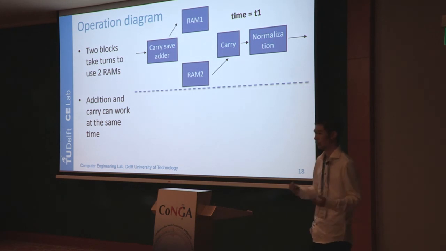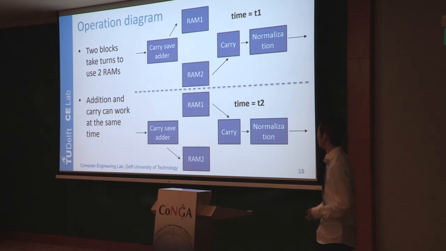After all the addition is done, there will be a shift of the state, and the carry-safe adder will add numbers to the second quire register. At the same time, the carry block will do the carry for the first quire register. This kind of double buffering structure makes sure our design can always process the input data, making it more efficient.